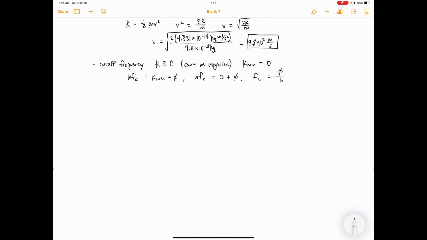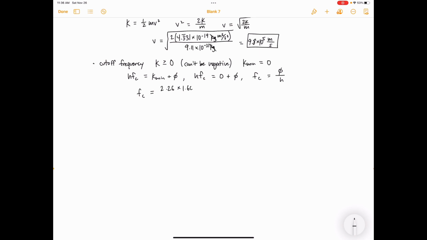All right, so these are numbers we know. The cutoff frequency is the work function, which is 2.26 eV, electron volts. Sorry, I meant to say 2.26 times 1.602 times 10 to the minus 19.